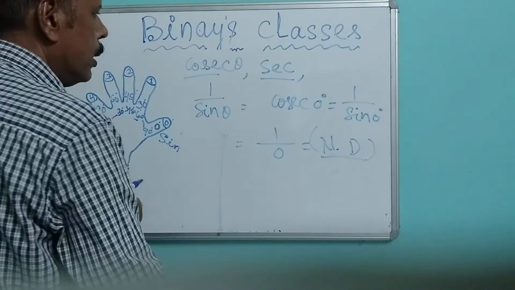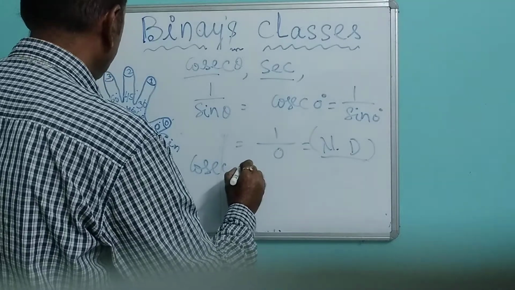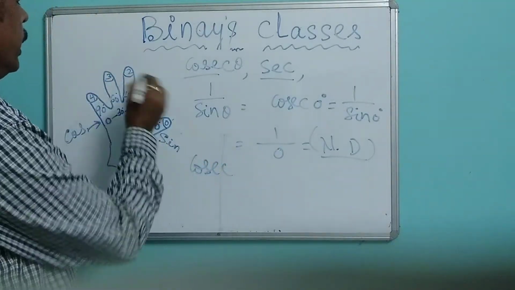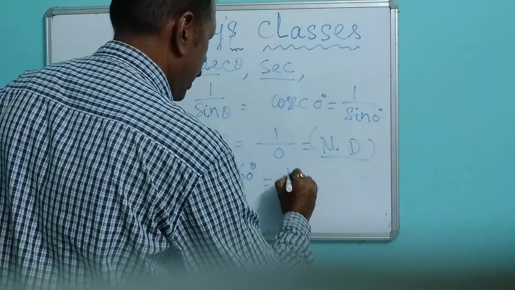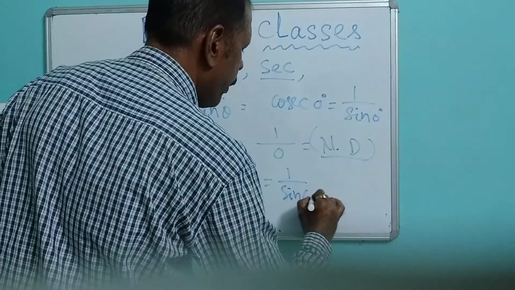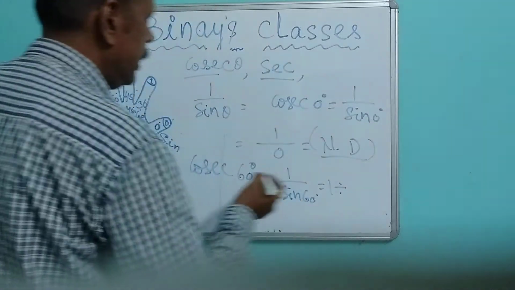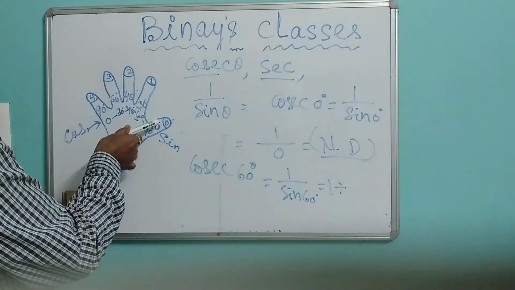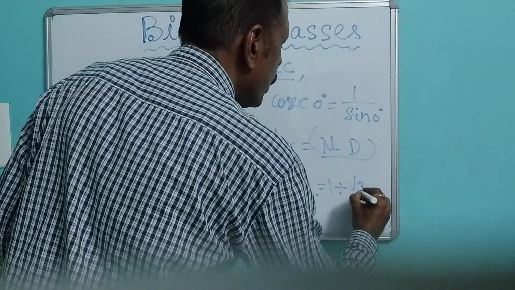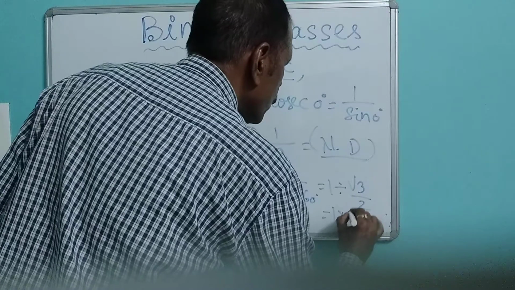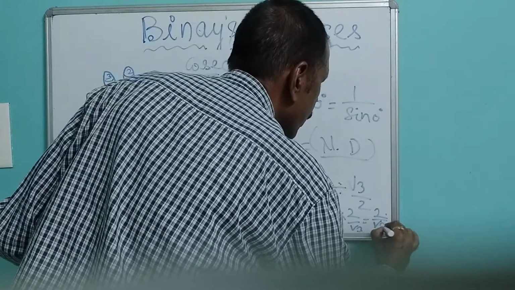Now even for cosec, randomly you choose any angle. Suppose cosec 60 degree, it is 1 by sine 60, that is 1 divided by sine 60, which is 3 by 4 root over, root 3 by 2. 1 into 2 by root 3 will give you 2 by root 3.